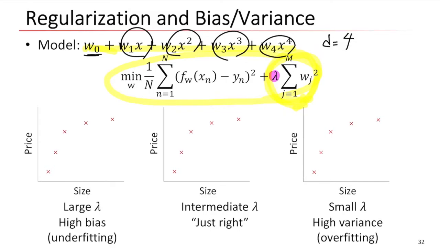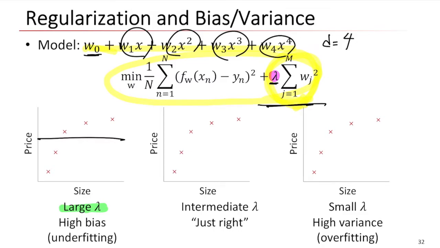By varying the penalty parameter lambda, we can adjust the underfitting and overfitting problem, or the high bias or high variance problem. Let's see the example. Let's say we use a large lambda here, then the shape of our mapping function will look like this. Why?